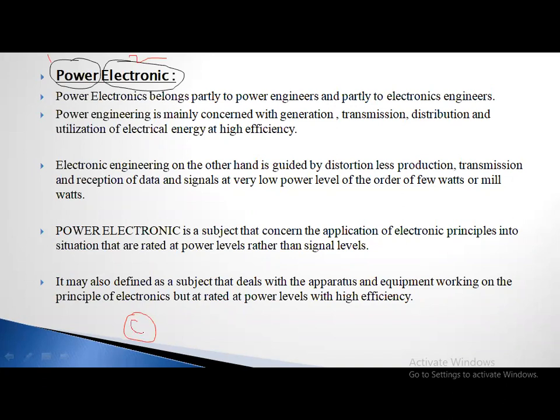What are we getting from the generating station? Electrical energy, at 11 kV. Next, this power is transmitted to the consumers through transmission.